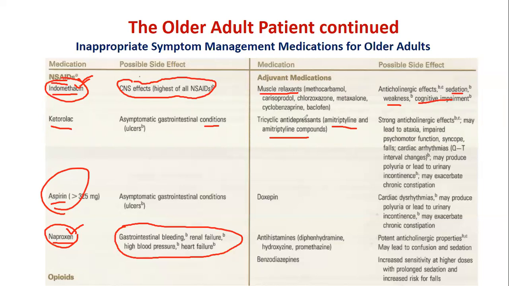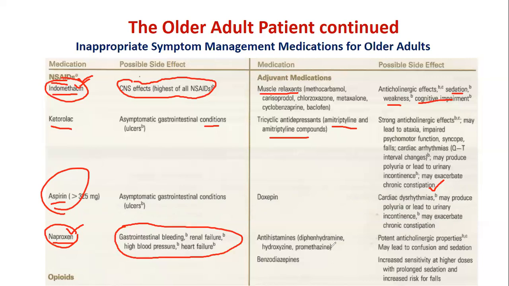TCA, tricyclic antidepressant or amitriptyline, has a strong anticholinergic effect and may lead to ataxia, impaired psychomotor function, syncope, or cardiac arrhythmia, QT interval change, or may produce polyuria or lead to urinary incontinence, or may exacerbate chronic constipation.